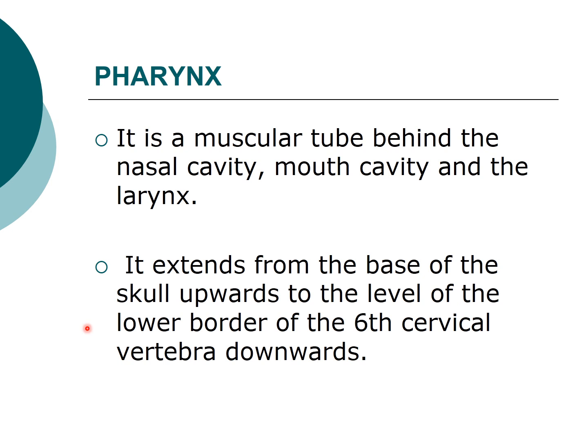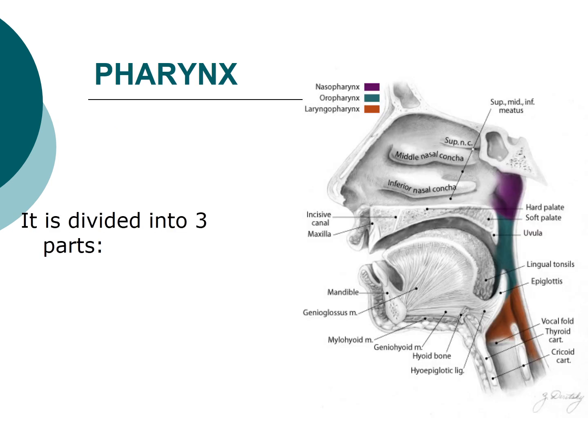So the pharynx is a muscular tube behind the nasal cavity, mouth cavity, and larynx. Mouth cavity is the same as the oral cavity. It extends from the base of the skull to the level of the lower border of C6. This is the pharynx here.